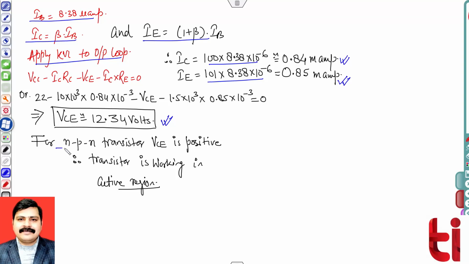This indicates that with an NPN transistor, VCE is positive. That means my transistor is working in active region. If you see from the problem, we have to find the operating point.